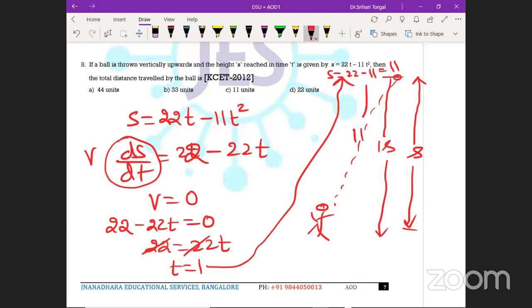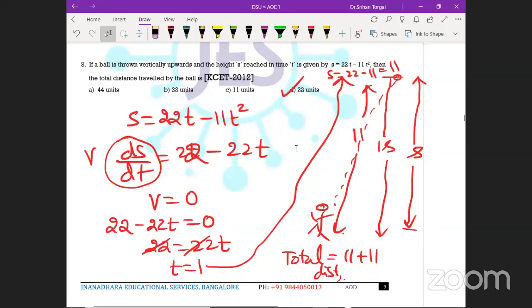Height is 11 here. ಮೇಲಕ್ಕೆ ಹೋಗಿದ್ದು 11, ವಾಪಸ್ ಬಂದಿದ್ದು 11. 11 plus 11 total distance is 11 plus 11, 22. Many of them will select option C as the answer, which is wrong. Right? 11 plus 11, 22 is the answer.